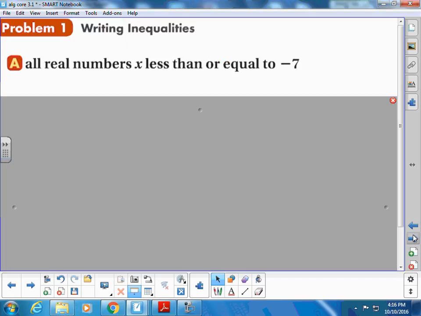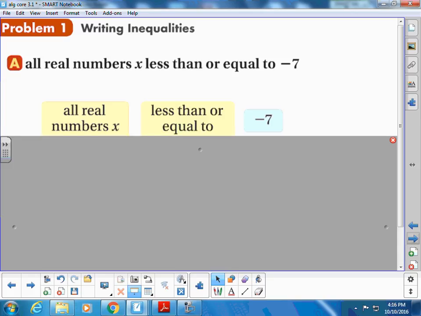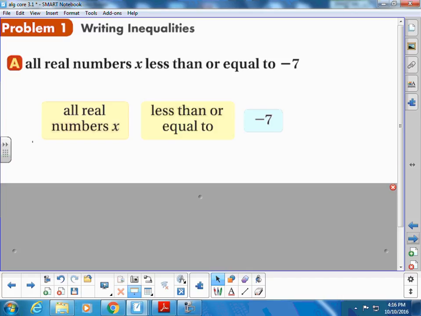So let's try writing an inequality from a number sentence. So all real numbers x less than or equal to -7. If we break that up, we have all real numbers x is one part, less than or equal to is going to be our sign, and -7 is the number.